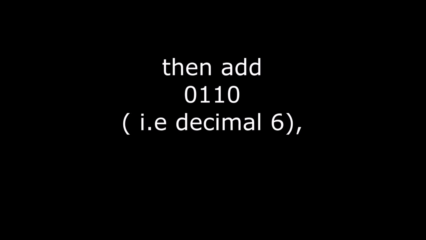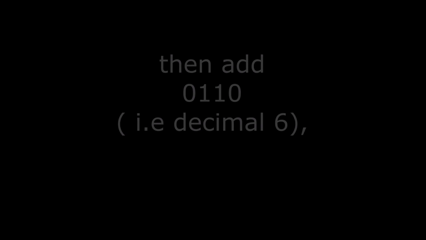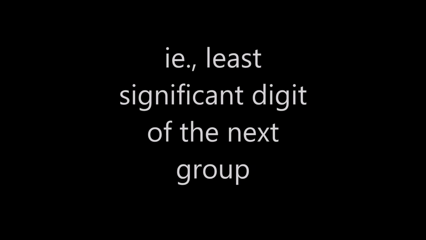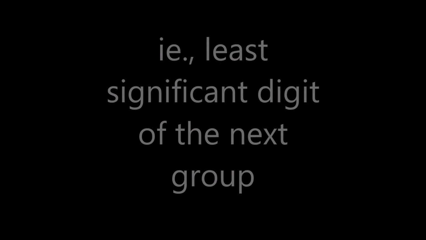then we need to add binary 0110, which is decimal 6, to the initial sum, and add the resulting carry to the next most significant digit, which is the least significant digit of the next group. Now focus on the result of the sum of the first group. 0001 is decimal 1, and this could be considered as the result if we omit the carry 1.